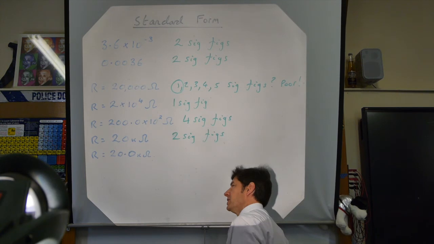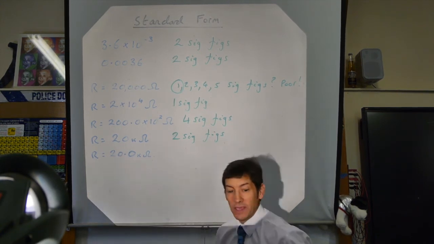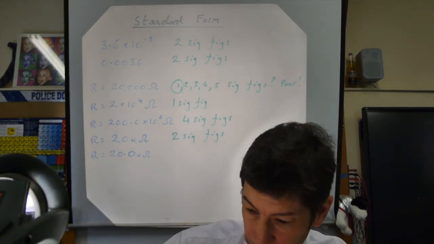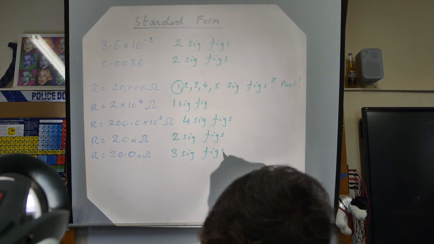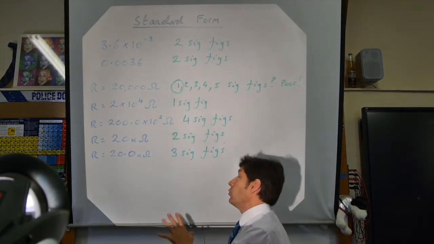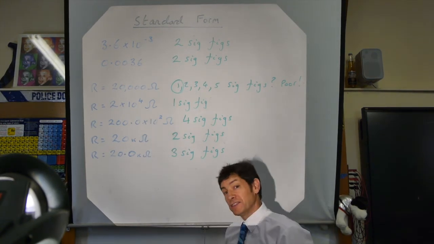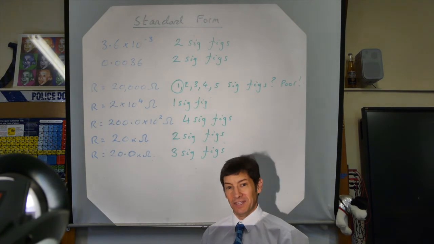Yes, we're in engineering notation. I do like that. 1, 2, 3 sig figs here. So I hope that helps you understand a little bit better how we deal with numbers like this and how we can say to how many significant figures the number is quoted.